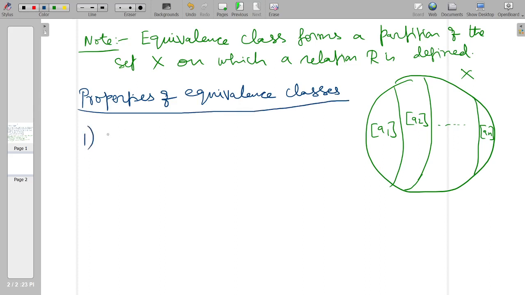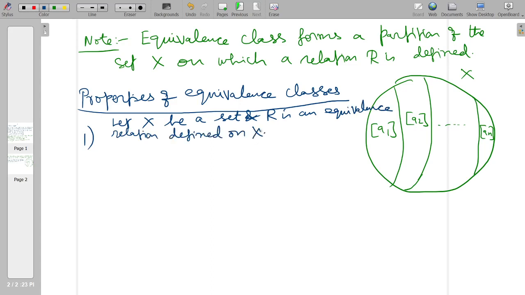Of course, before this property you assume that X is a set and R is an equivalence relation defined on X. Let A, B, C belong to X.